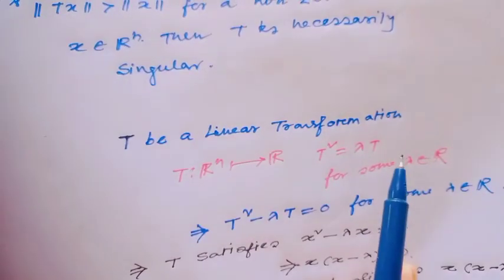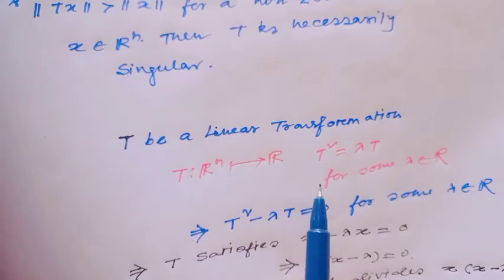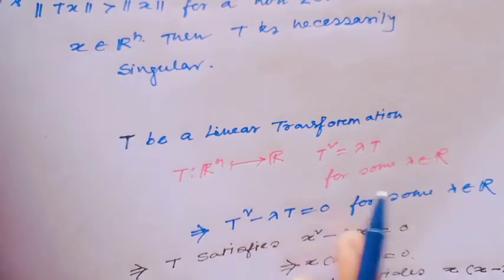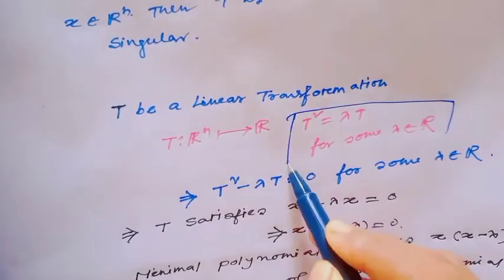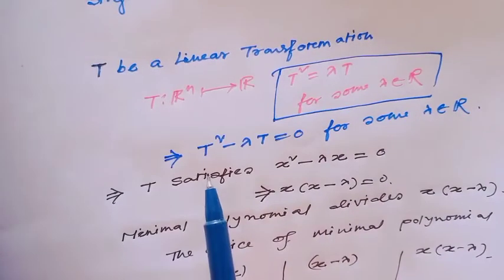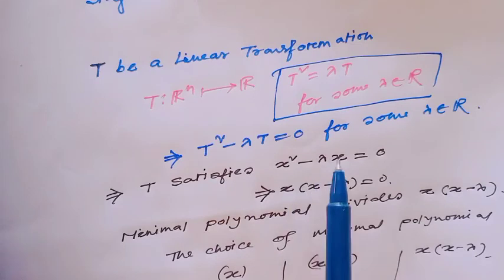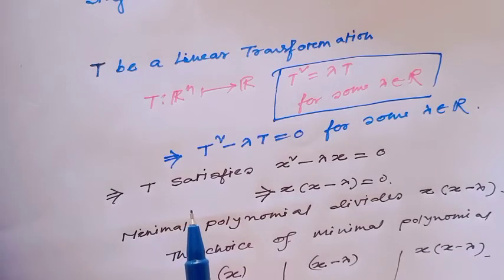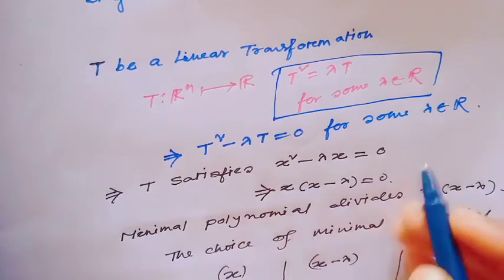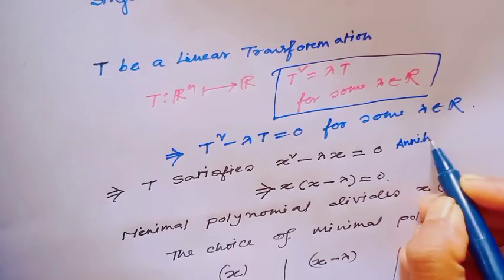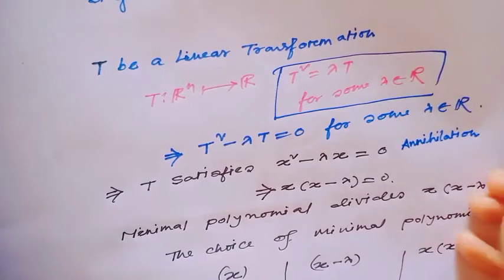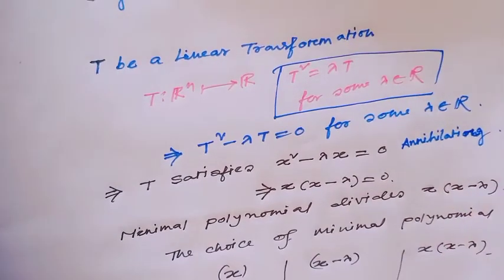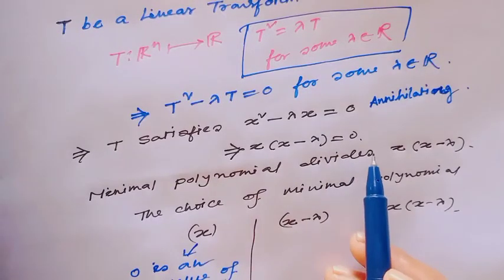Here T is a linear transformation which maps from Rn to R. Since T square equals lambda T for some lambda belongs to R, that implies T square minus lambda T equals 0 for some lambda belongs to R. Therefore the annihilating polynomial would be x square minus lambda x equals 0, that is x times (x minus lambda) equals 0.